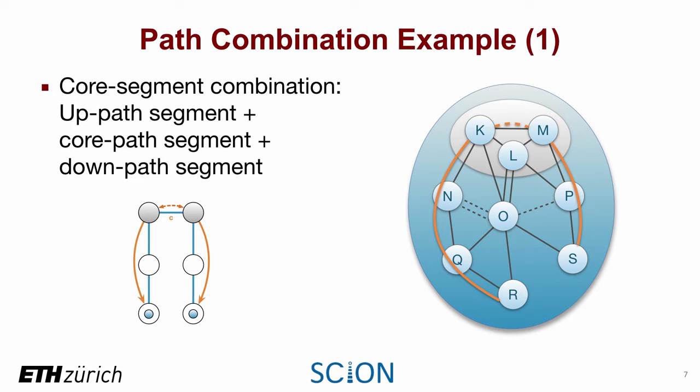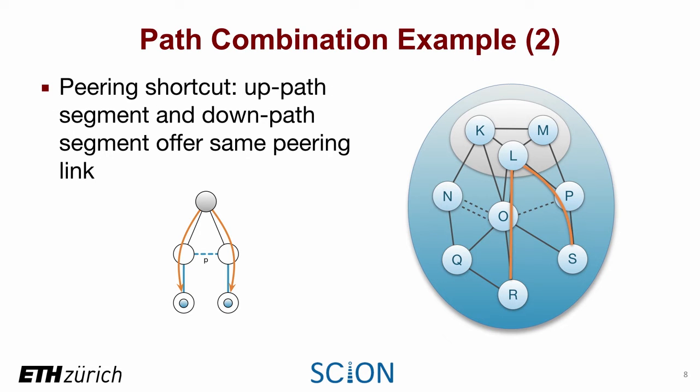An up path segment leading from AS R through AS Q, N, and K, a core segment leading from AS K to AS M, and a down path segment leading through ASs M, P, and S can be combined to form this blue end-to-end path.